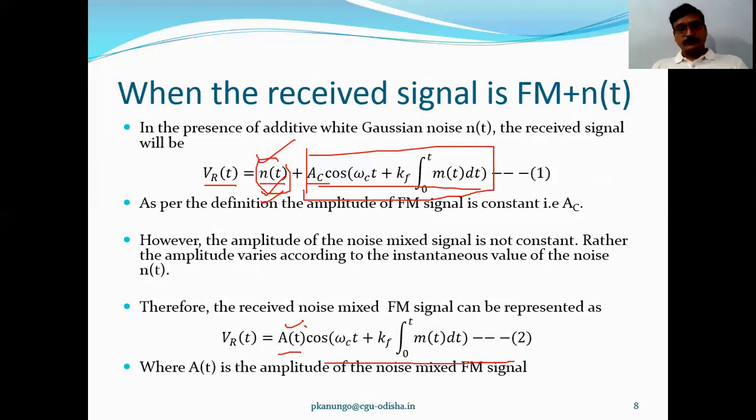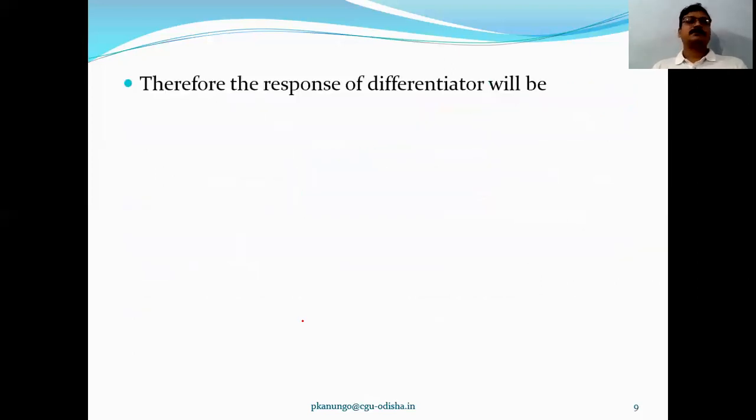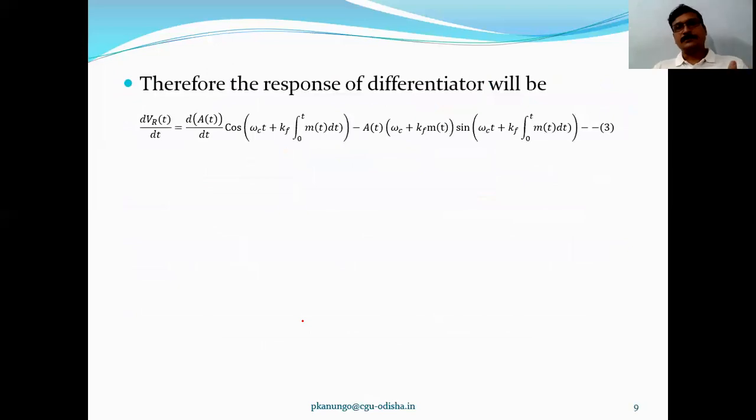Now if we go for the differentiation of this signal, once we receive this signal, we pass it through a differentiator. This differentiator differentiates the received signal, which is now not the radio frequency.